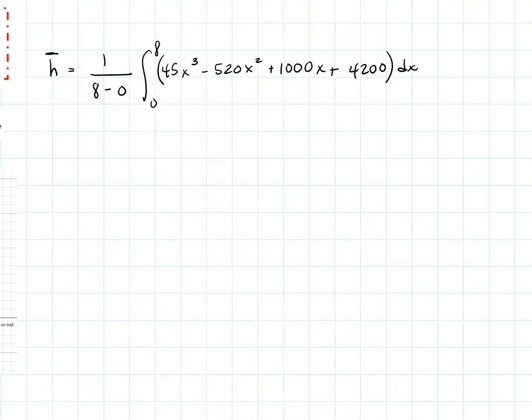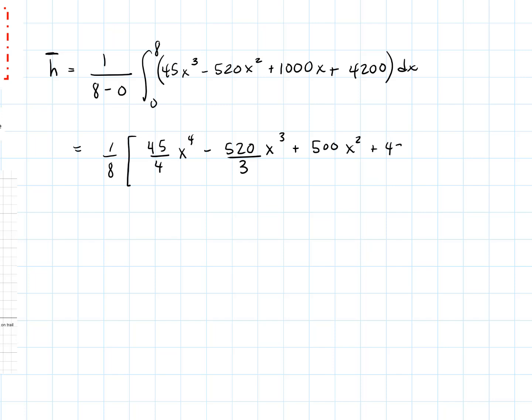And so this becomes a definite integral problem. We're going to get 1/8 and then find the integral of this, which is 45 over 4 x to the 4th minus 520 over 3 x cubed plus 500 x squared plus 4200 x, evaluated from 0 to 8. Then we'll apply the fundamental theorem of calculus.